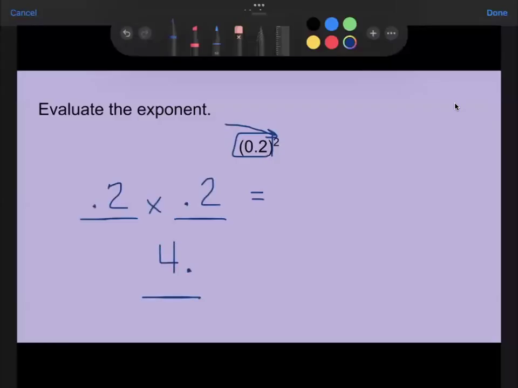And then I'm going to move it to the left the same number of spaces as I had decimals in my original problem. So my original problem had 1, 2 decimals. So I'm going to move this 2 spaces and put it here. Now, if I create an empty space when I do that, I fill in that empty space with a 0. So 0.2 to the second power is the same as 0.04.